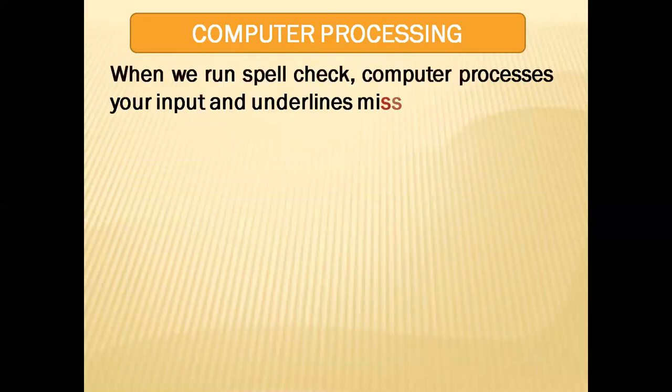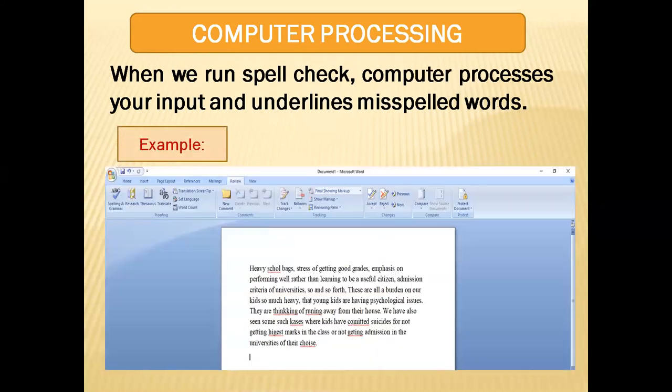Now, the computer has to process this data. When we run spell check, the computer processes your input and underlines the misspelled words. As you can see, there are many misspelled words. Look at this word, heavy school bags. The spelling of school is wrong. Then thinking, running, cases, committed, highest, getting.